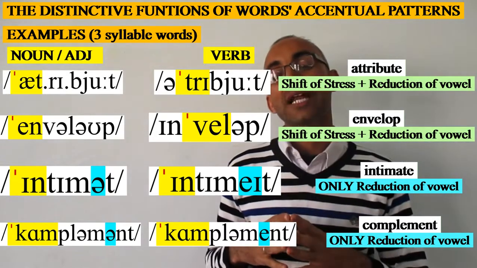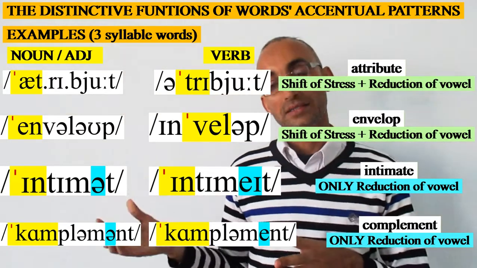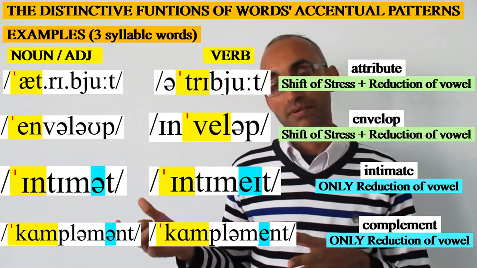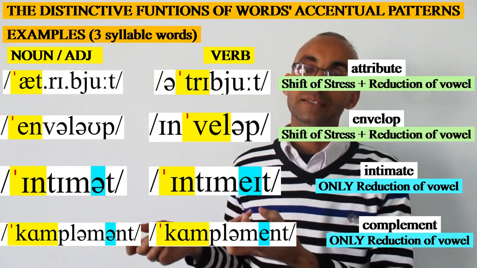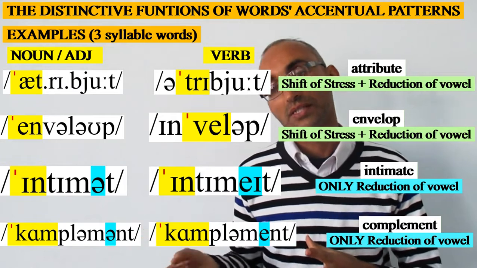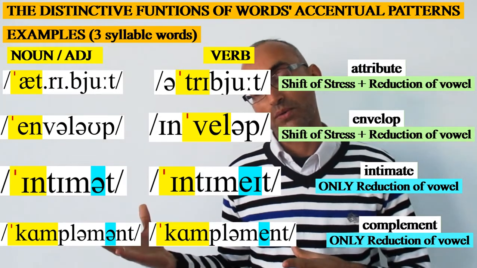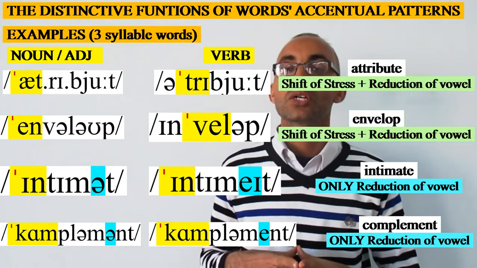The change at the level of the last vowel sound here in this case, from a in the verb to schwa in the noun. So here I have the case of change of the quality of the vowel sound. Clear? From a full vowel sound to the short vowel schwa.